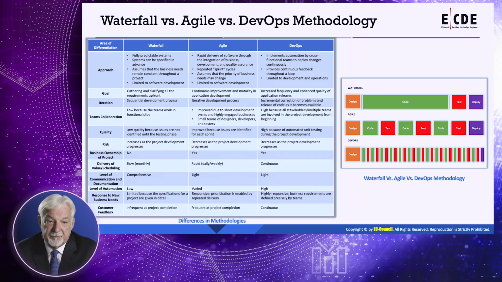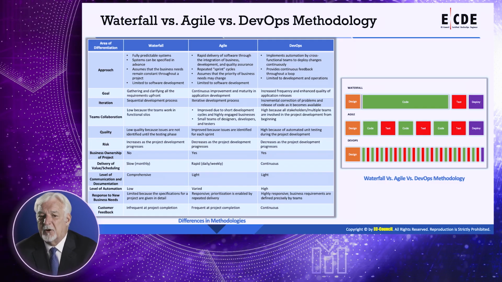The quality in Waterfall is typically low because the issues are not identified until the testing phase, and you're at a what-you-see-is-what-you-get kind of phase. With Agile, it's improved because issues are identified for each sprint. In DevOps, it's extremely high because of automated unit testing during the project development.